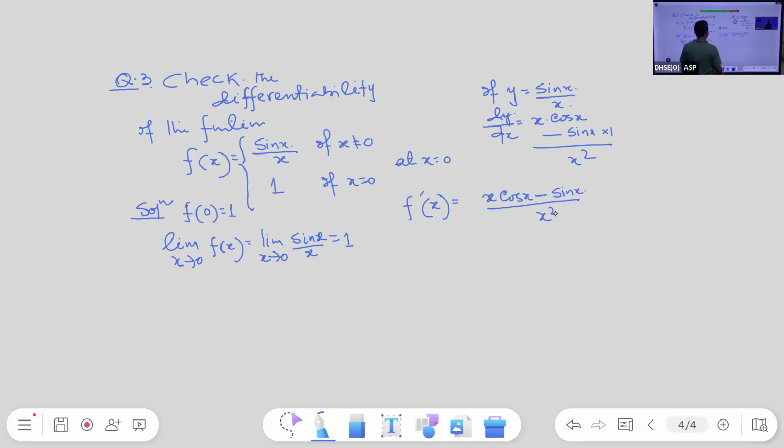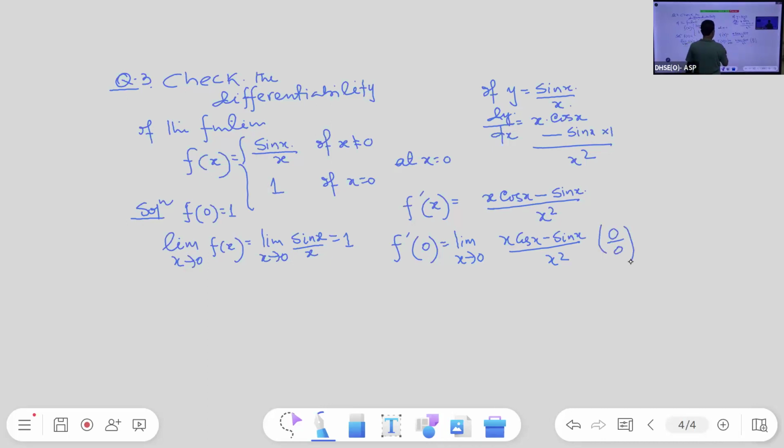So f dash 0 is equal to limit x tending to 0 of x cos x minus sin x upon x square. The limit takes the indeterminate form 0 upon 0.